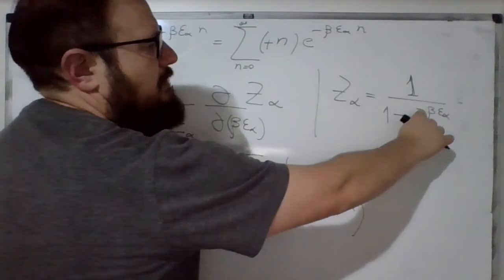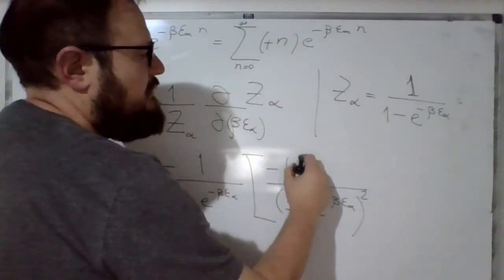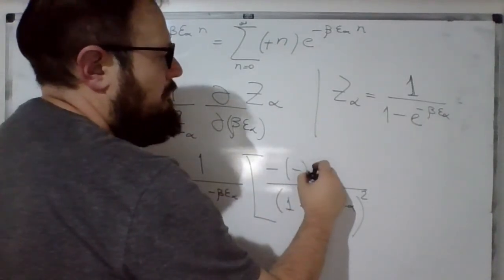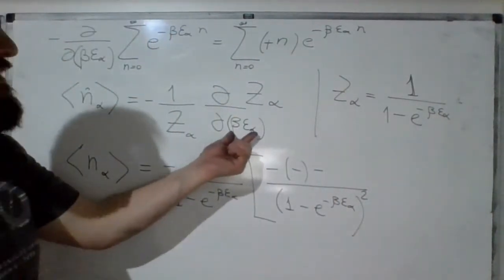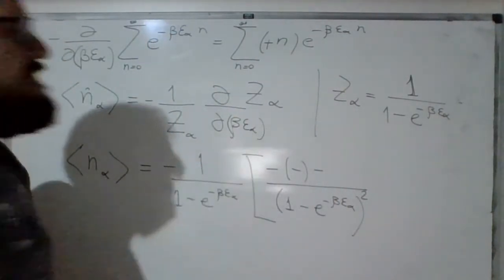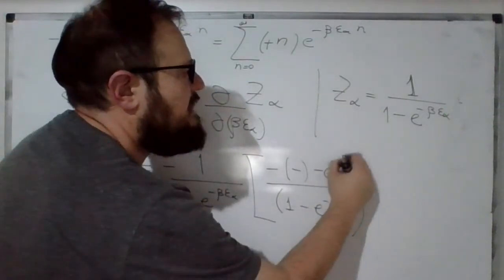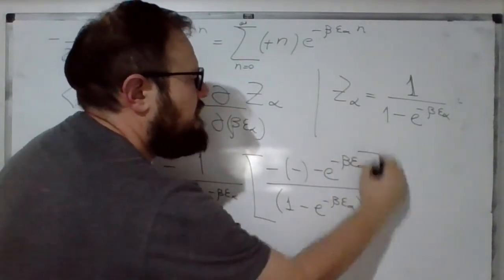There is another minus here, so minus 1, because we are differentiating with respect to beta e alpha, e to the minus beta e alpha, okay?